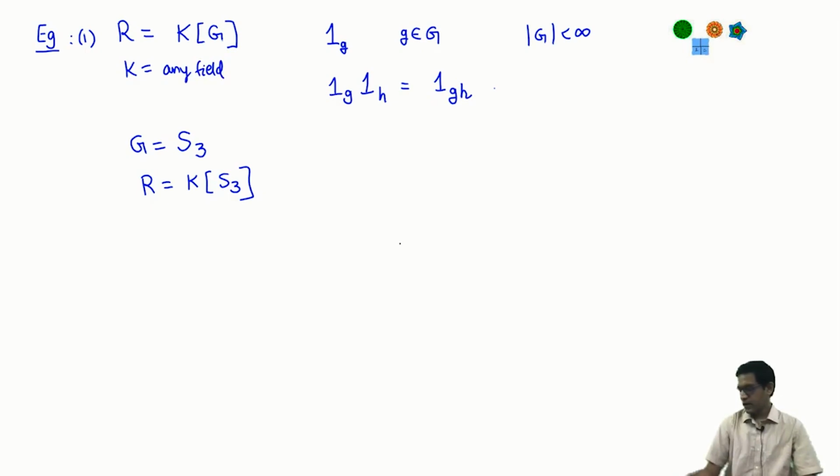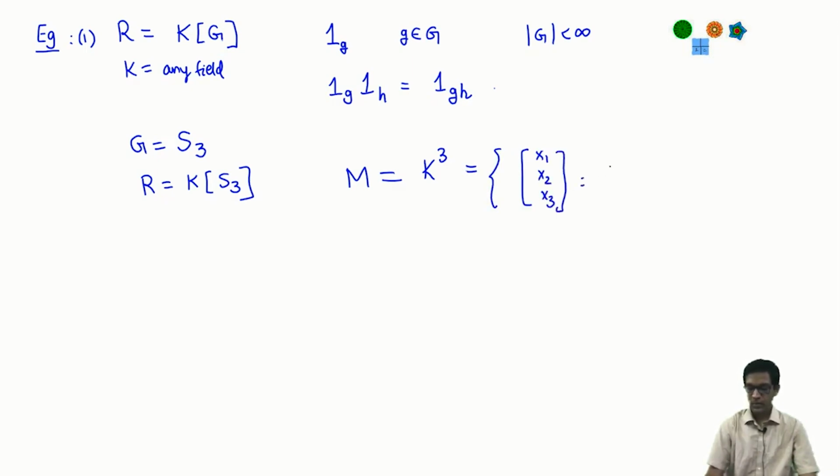Recall we had talked about a certain module for this group ring. What was that? The module M was, as an underlying abelian group, just the space K3 comprising column vectors x1, x2, x3, where the xi's come from K. That's the underlying additive structure, the abelian group.